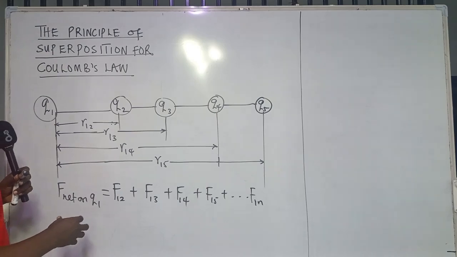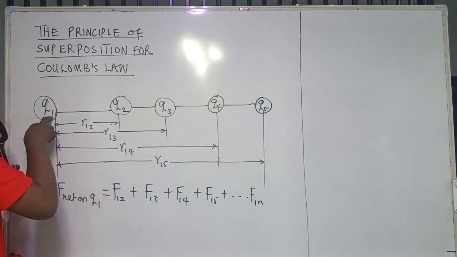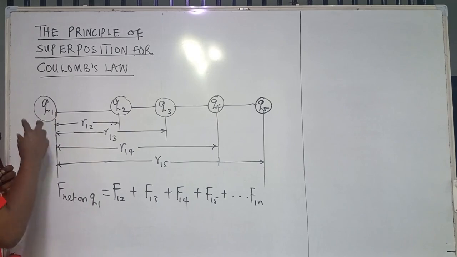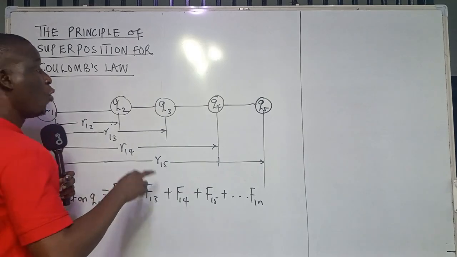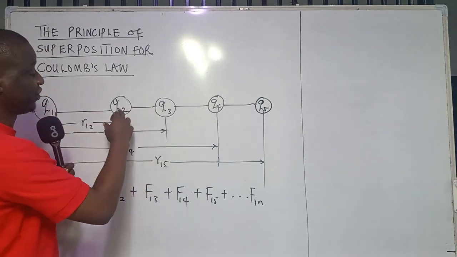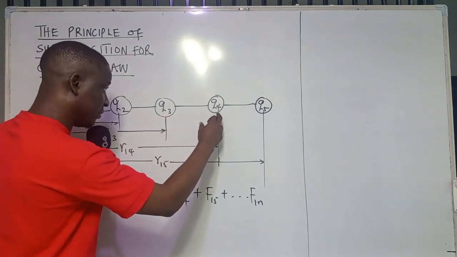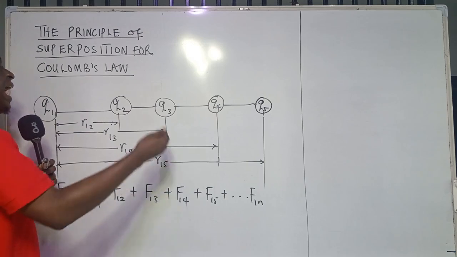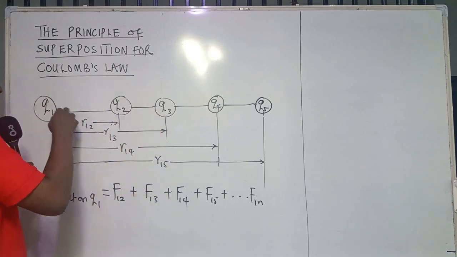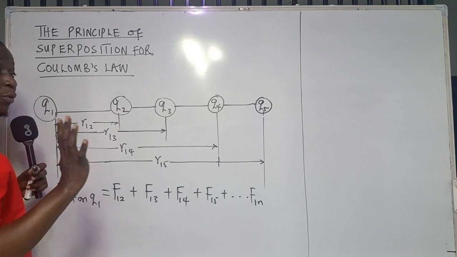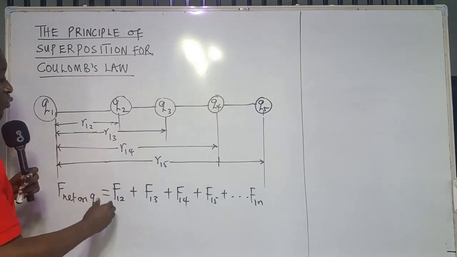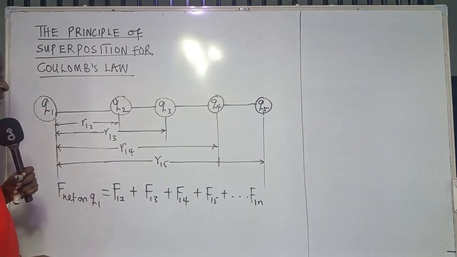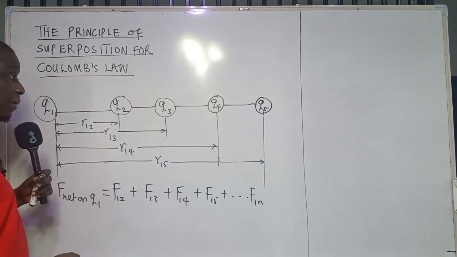That is to say that the electrostatic force experienced by Q1 is the vector sum of all other forces acting on it. You understand? That is what this is talking about. That means you are going to sum other forces with reference to this Q1. That is what superposition is talking about.